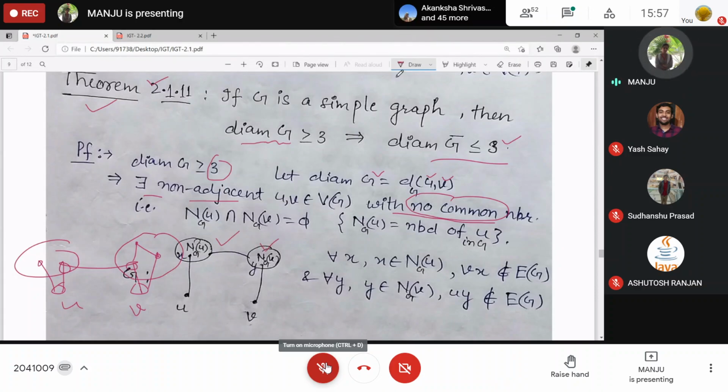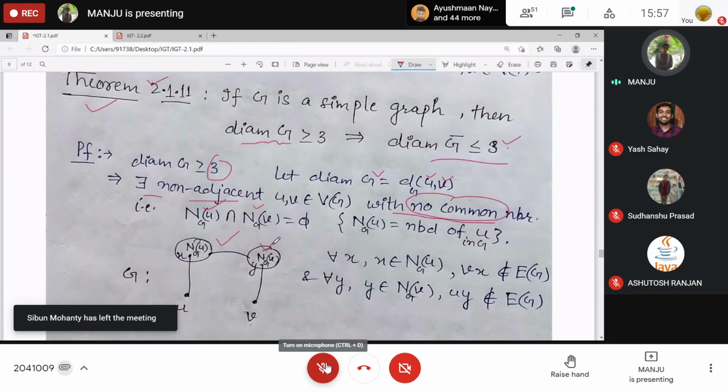This is your neighborhood of V. So let me erase this one. The scenario I have already shown here: this is your neighborhood of U, where X is a point in general, and this is your neighborhood of V, with a point Y. So there is nothing common between N(U) and N(V). Here, the neighborhood of U in G is this one, and the neighborhood of V in G is this one. Now, what can you say?